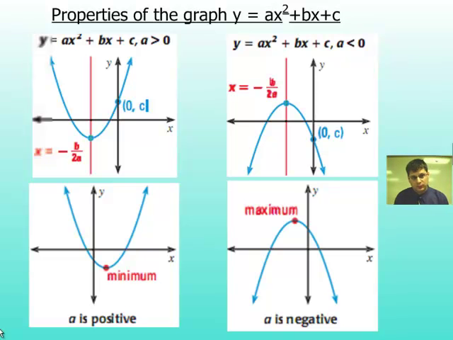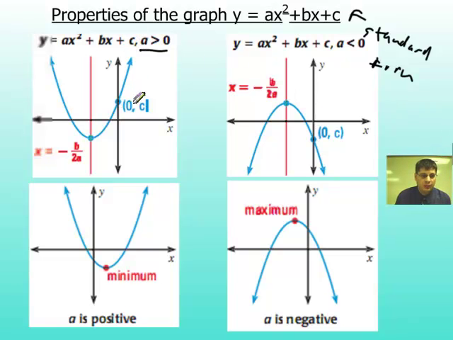So basically, there are several properties based off the parabola and based off the quadratic equation in standard form. Remember, ax² plus bx plus c is standard form. For instance, here I have a parabola that's opening up because the a value is greater than 0.